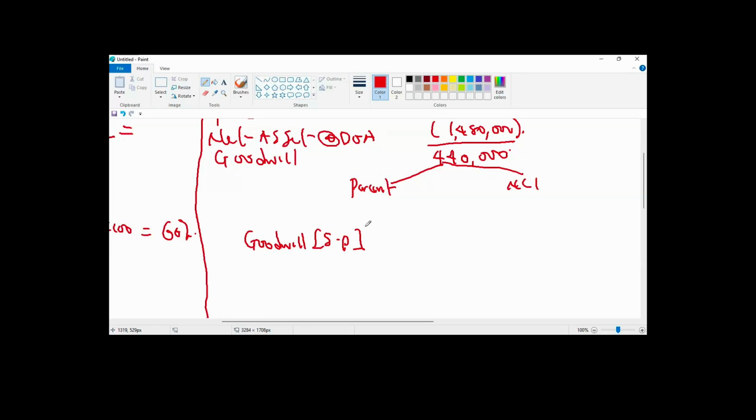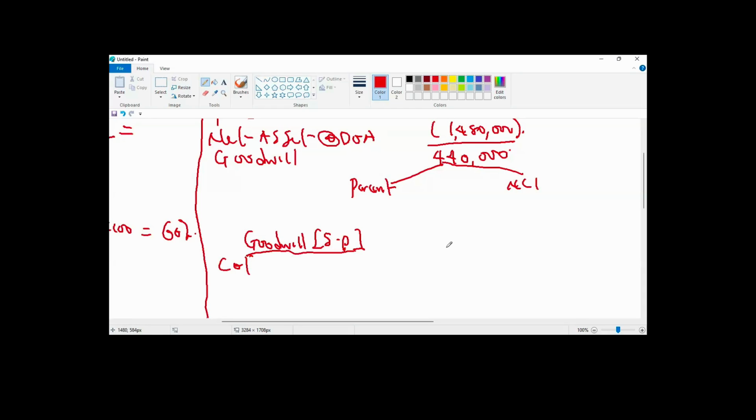What is the goodwill of the parent? It will be the group structure of the parent, which is 60%, multiplied by the total goodwill.